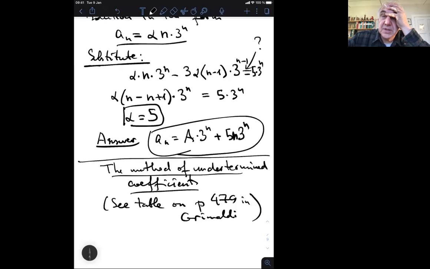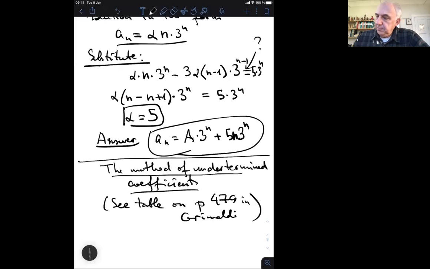And in certain cases, you can find a particular solution if it's like sine or cosine of n with some coefficients. But we'll talk a little bit more about the special case when we have a geometric progression in the right-hand side.